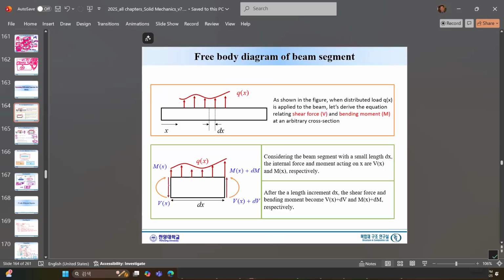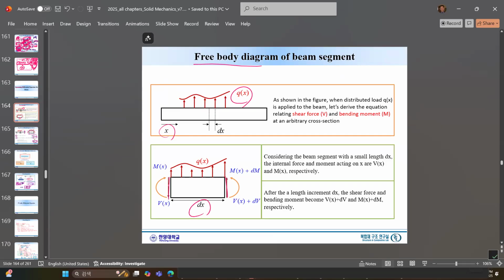In general we have a function of x, the force, the vertical force. We considered the vertical concentrated load, but in general the load can be given as a qx. Free body diagram means that let's say we take any length dx.